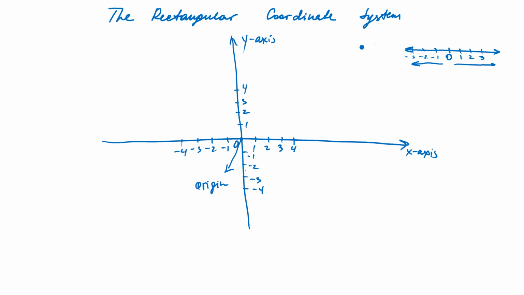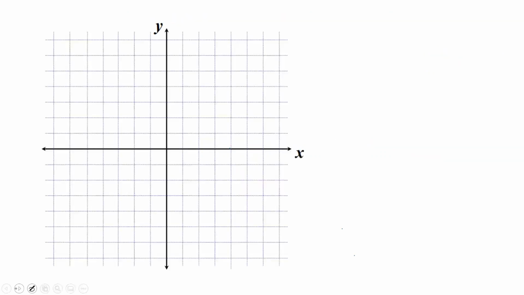Now I have the tool that will help me to identify the exact location of every point on this plane, and vice versa. Knowing what the location is, I'm going to be able to mark it on the plane. And let me show how I'm going to do so.